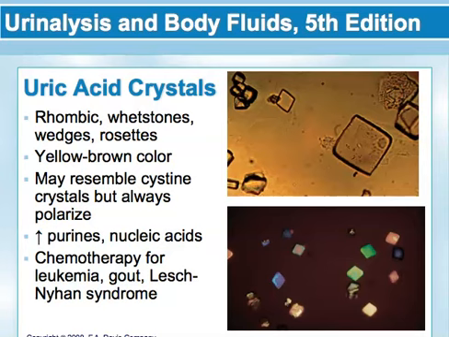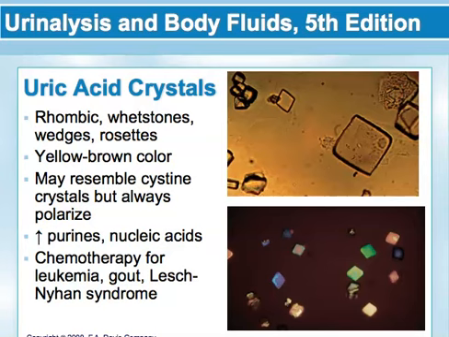They can also appear in a six-sided shape similar to cystine crystals, but uric acids are highly birefringent and can be distinguished by this feature with the use of polarized light, which you can see in the image here. They can be colorless, but they are normally kind of a yellow-brown.